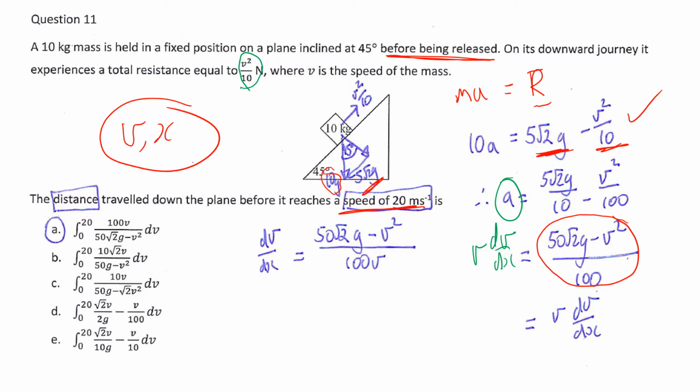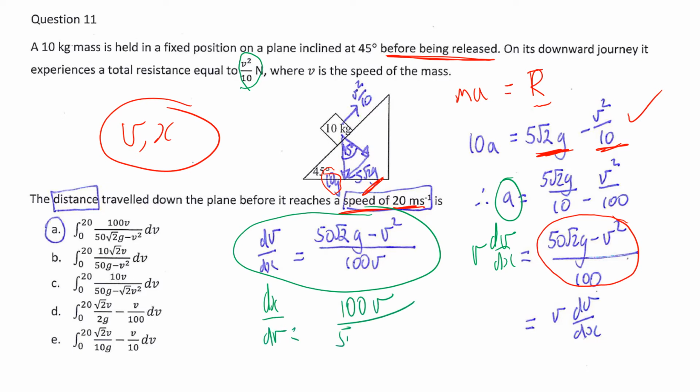Dividing through by v and then reciprocating. Okay, so there's our dv/dx expression. So we need to reciprocate. Therefore, dx/dv is equal to 100v over (10 root 2 g minus v squared).